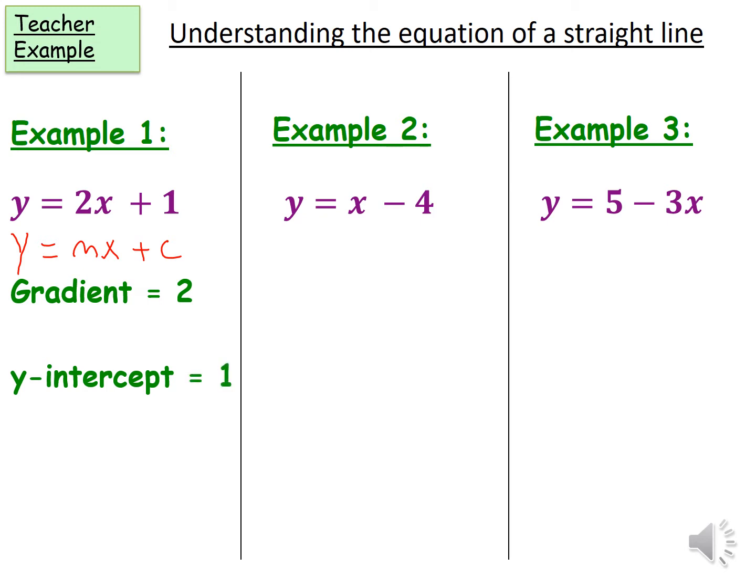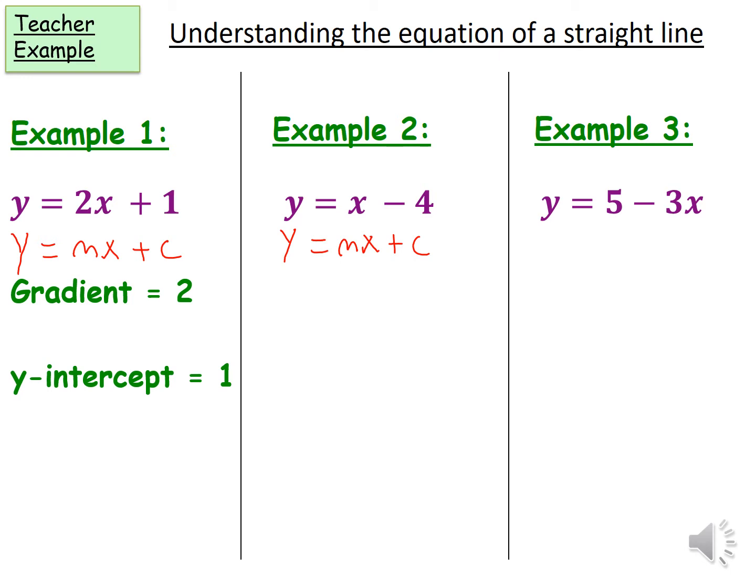Okay, let's have a look at example 2. Now again, if you're unsure, write down the equation of the straight line, y equals mx plus c. The gradient usually occurs in front of the x coordinate, but in this case we don't have a number in front of the x.